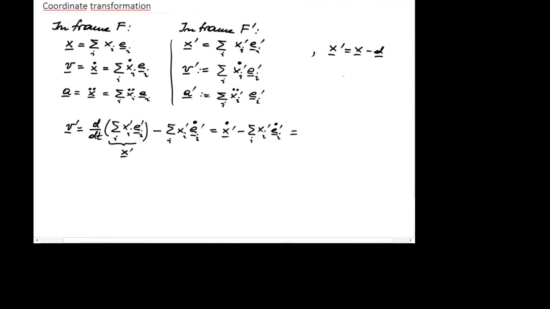Now, we know x prime is related to x by this shift d. So x prime dot is equal to x dot minus d dot. So this is equal to x dot minus d dot minus the sum over i of xi prime ei prime dot.